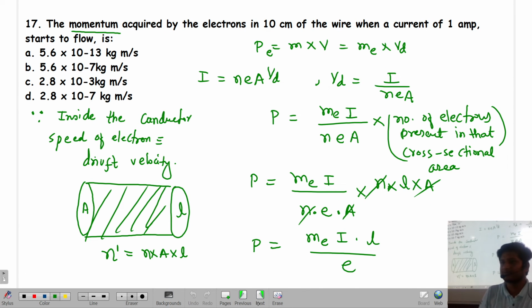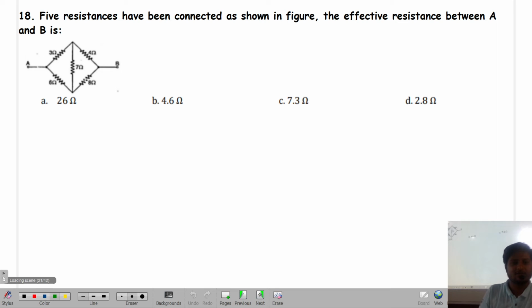Can you move ahead? Question number 18. Can you do it? It says five resistances have been connected as shown in the figure.